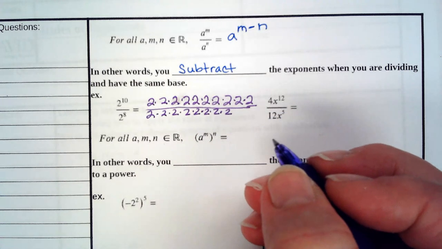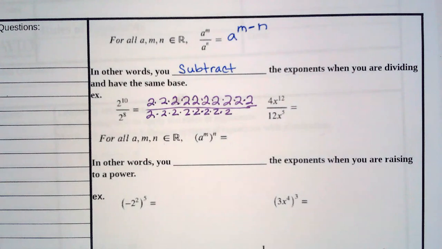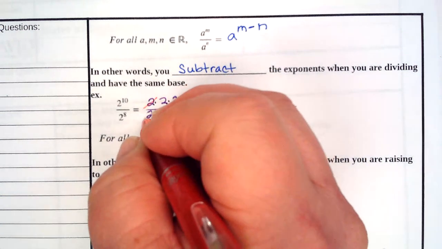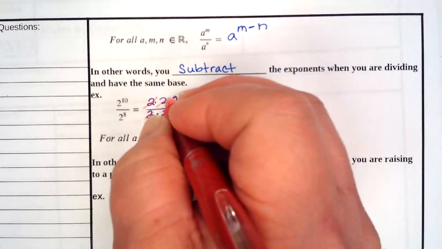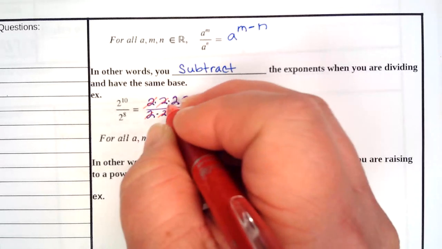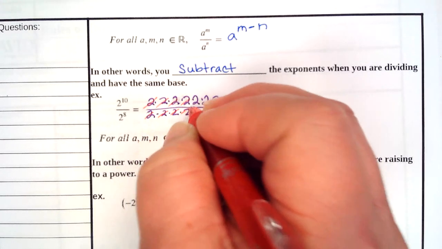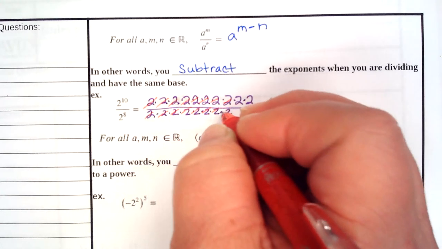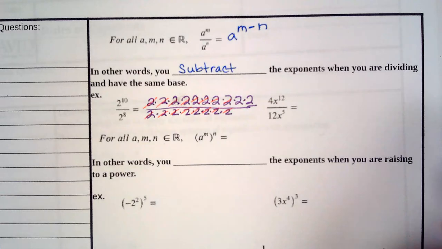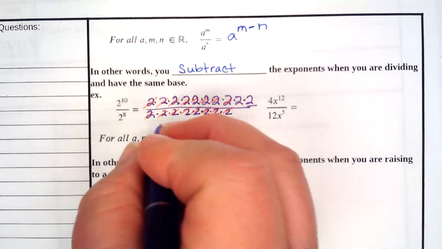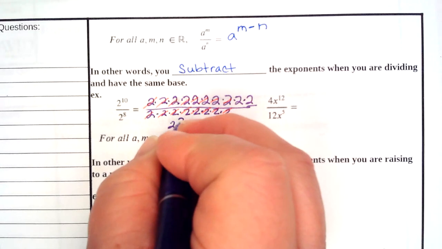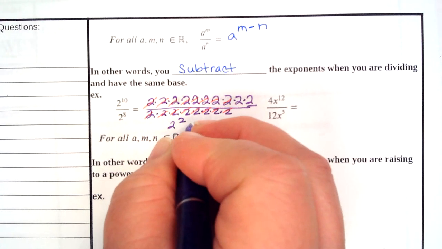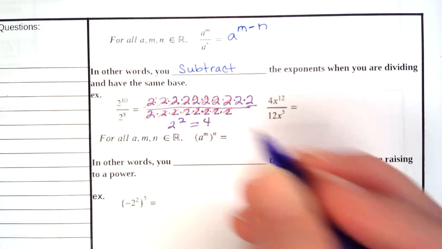So if you're looking at it, this is what happens. 2 divided by 2 is 1. 2 divided by 2 is 1. And so forth. I am left with 2 times 2. So this is 2 squared, 2 to the 2nd power, which is equal to 4.